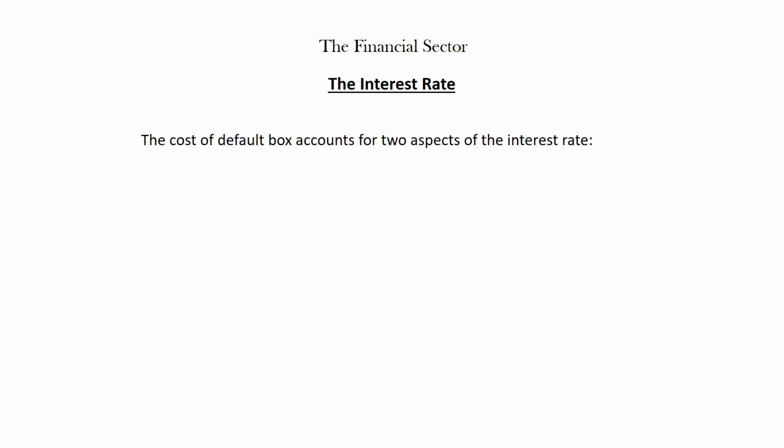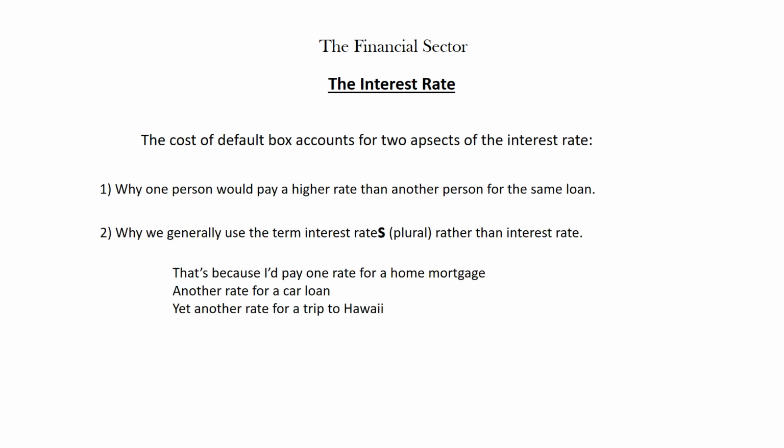The cost of default box accounts for two interesting aspects of the interest rate. First, the cost of default box explains why one person would pay a higher rate than another person for the same loan. Now, we just reviewed that reason. But it also explains why we use the term rates, plural, rather than just rate.